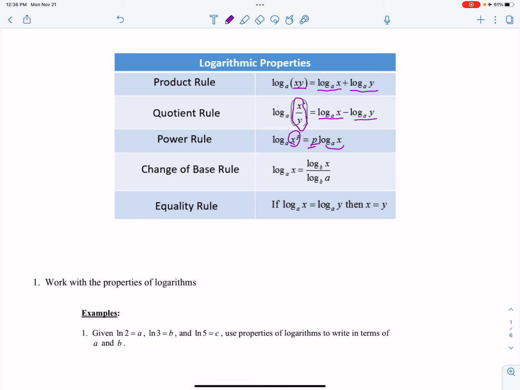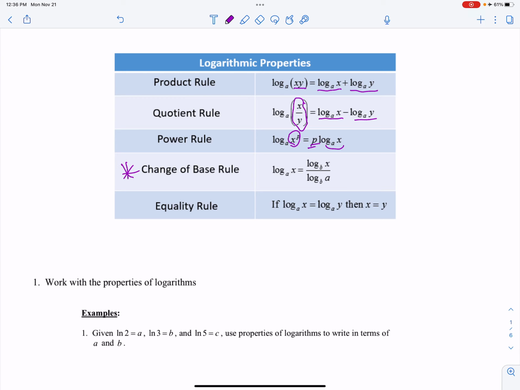And then our change of base, this one is pretty important. We're going to be using it a lot. It helps us basically if we're working in a log with a base, maybe we can't graph it, we can't picture it, we might not be able to calculate with it. We can rewrite with a base that we want, whatever base we want, we can put it in a different base.